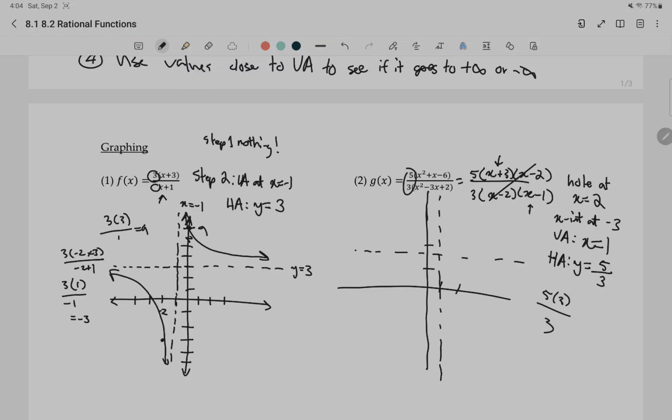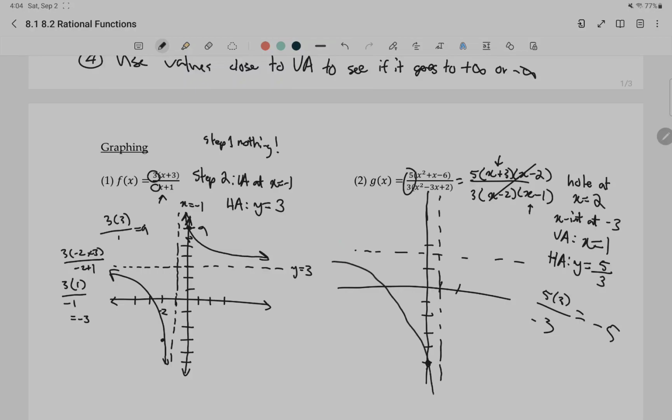Yes. Okay. So we are going to do this like this. This is equal to negative 5. So that is going to be 1, 2, 3, 4, 5 here.